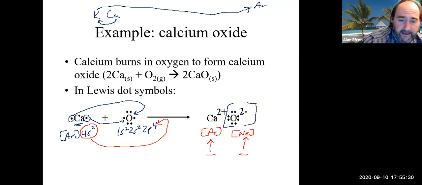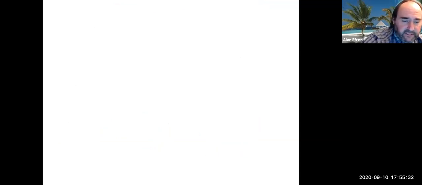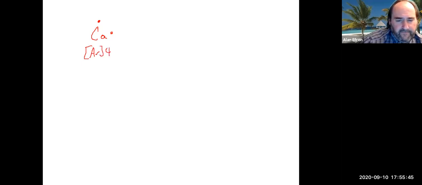Now, if we look at maybe 2 of these things that we just looked at, let's say we take our good friend calcium, which as we saw has 2 valence electrons with our argon 4s2 configuration. And we take our fluorine that we saw earlier, which has 7 valence electrons.